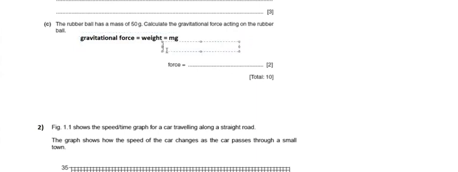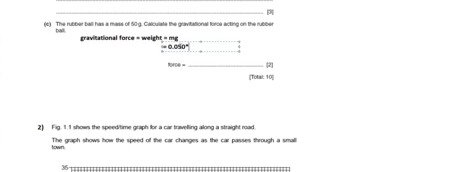That is nothing but mass into acceleration due to gravity, that is given by the letter g here. First of all, this is given in terms of gram, so we have to convert that gram into kilogram. So 50 gram is how much? 50 gram is nothing but 0.050 kilogram. You have to multiply that with 10 raised to minus 3. So 50 into 10 raised to minus 3 will become 0.050. And the value of gravity is nothing but 10 meter per second square.